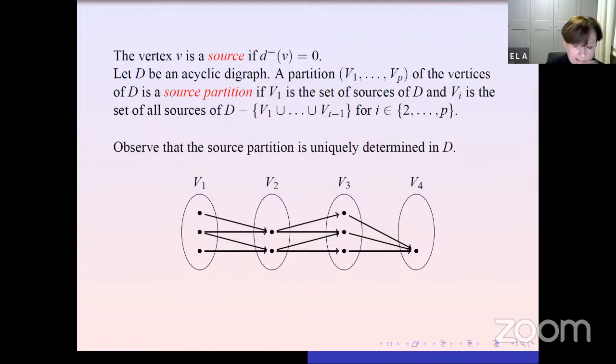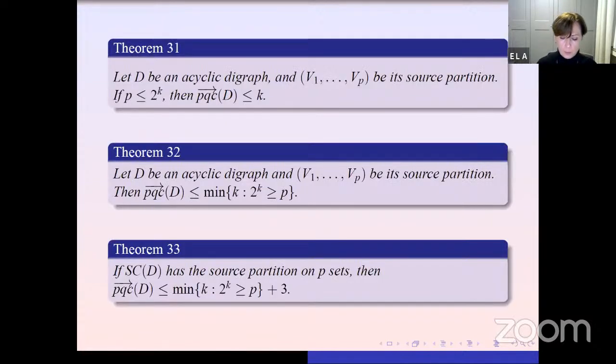We can see that such a partition is uniquely determined for an acyclic digraph, and we prove that if this acyclic digraph has a source partition into p sets, and if p is at most 2^K, then the proper connection number is at most K.